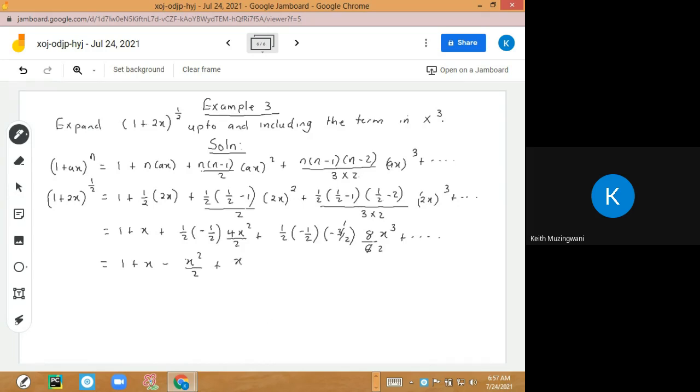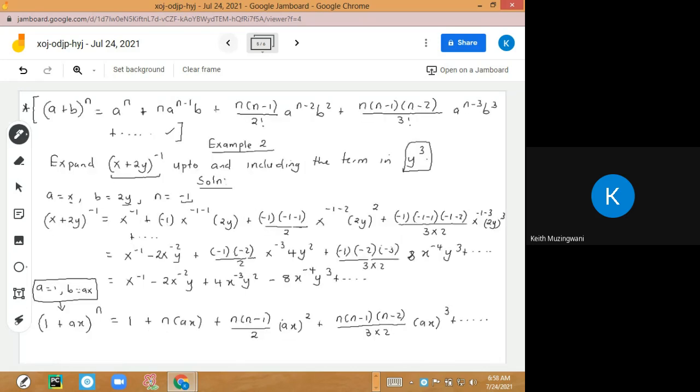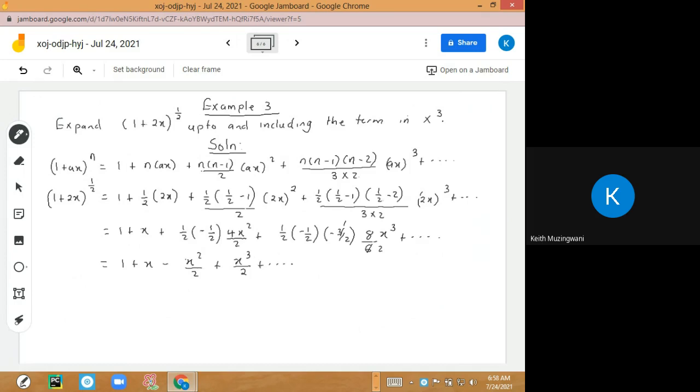So we get x3 over 2. You keep going like that. So you'd leave your expansion here. So you can see that when our a is 1, this expansion is nice to use and you easily get to the answer.